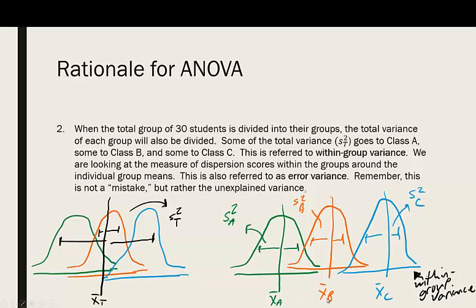Here's the mean of A, the mean of B, the mean of C, and you can see that I have drawn the variance for C, indicating that the variance for C is only within C, and B, and so forth. So this is a visual example of what within group variance looks like. This is what we're talking about. We're not talking about the big variance of the group as a whole. We're talking about within the individual groups themselves.